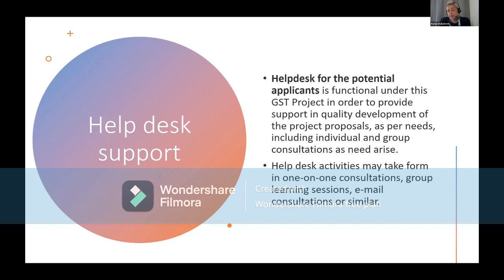These help desk activities may take form of one-on-one consultations, group learning sessions, email consultations, or similar, depending on the preferences. We can certainly not draft the concept notes instead of you, but with our advice, we could certainly support you and by replying to the questions that you might have.